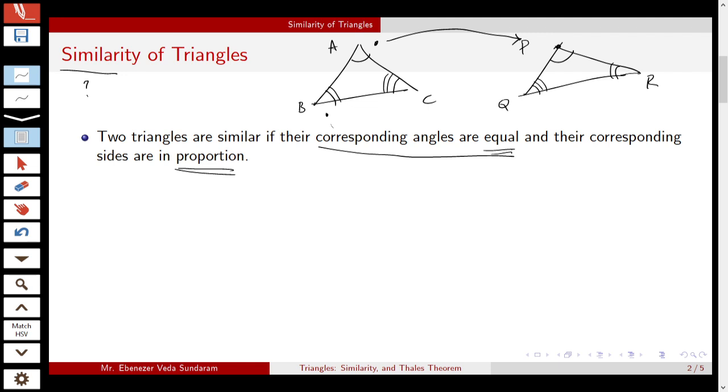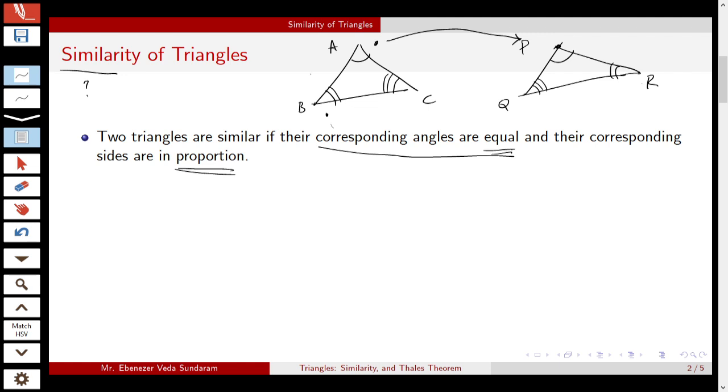So we say this triangle ABC is similar to triangle PRQ, which means that their corresponding angles are going to be equal and the corresponding sides are in proportion. This means that the side length AB will be in proportion to the side length of PR.